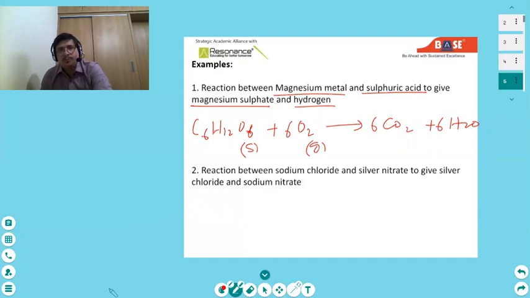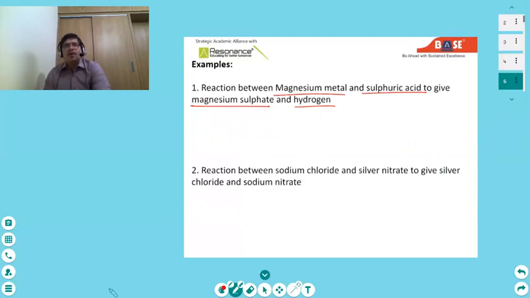Now chalo, jaldi karo. Write the chemical equation when phosphoric acid reacts with caustic potash. Caustic potash is what? KOH, na?